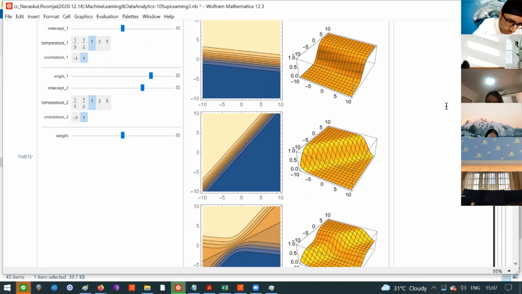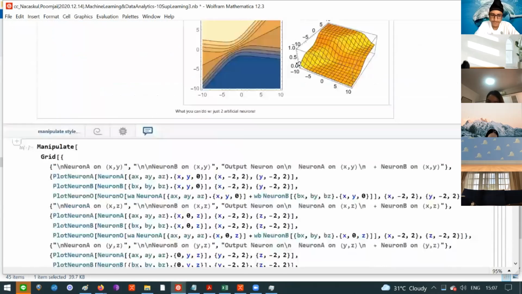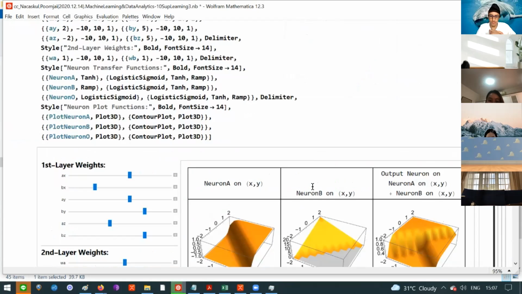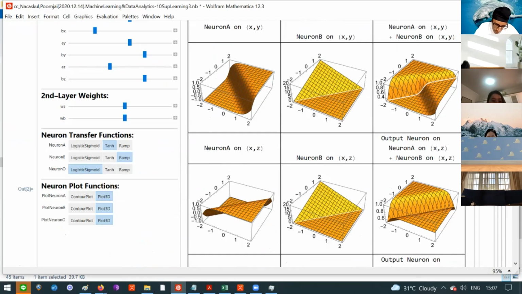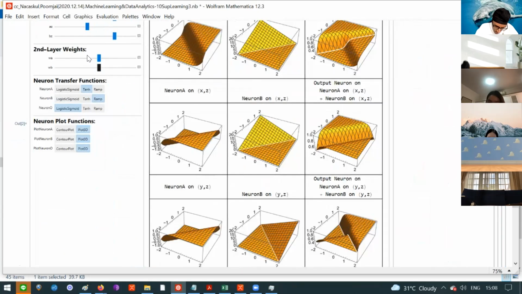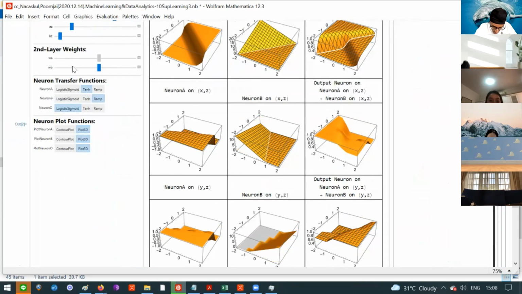So you can imagine that if I have three, let's say I have an example with three. Okay, right? I can create any kind of interesting function on the right-hand side. Now I'm just making kind of random tuning there, okay?